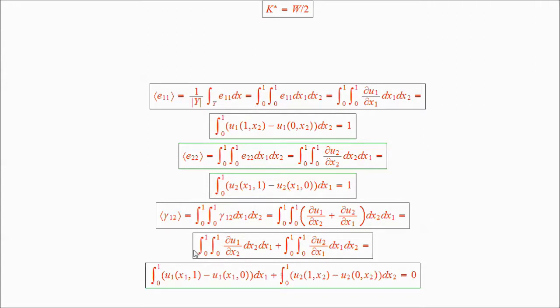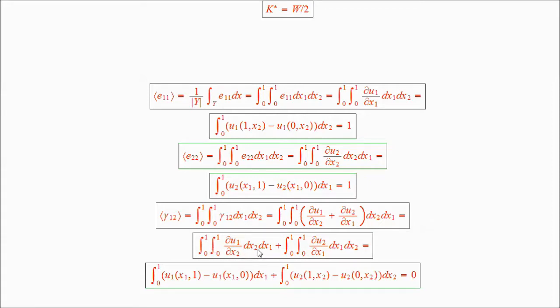So let's do it like this. We first integrate in the x2 variable for the first term and do the opposite for the other term. That's just a little trick which, well, it's not so hard to imagine, but let's just do it.